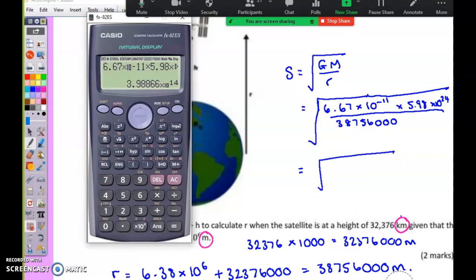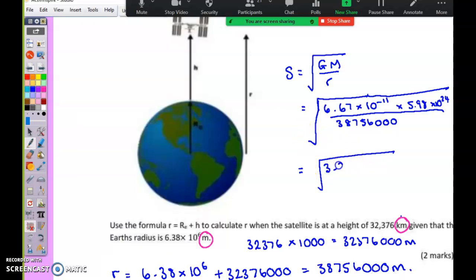That gives me the square root of 3.98866 times 10 to the 14 divided by 38,756,000.